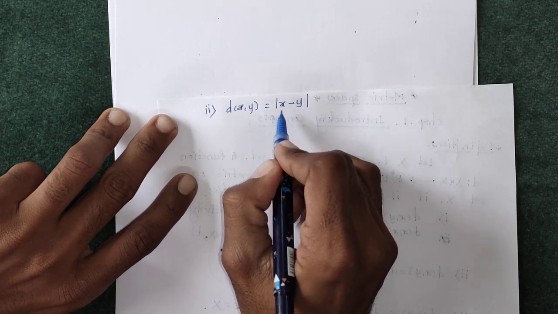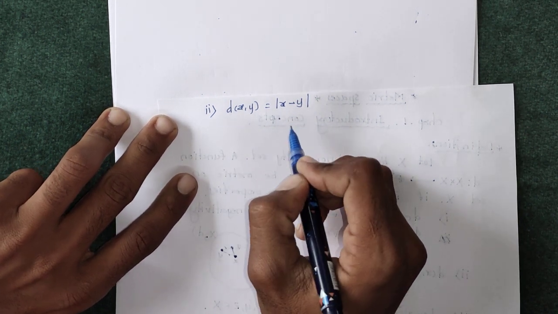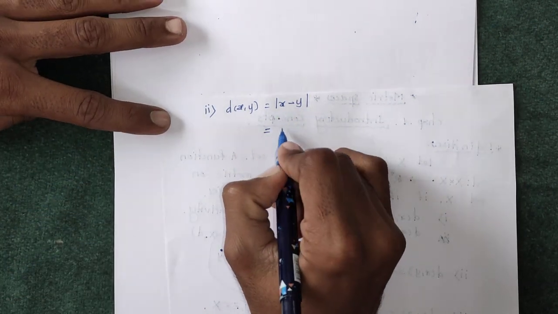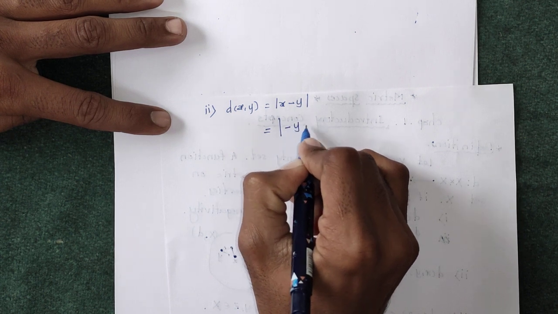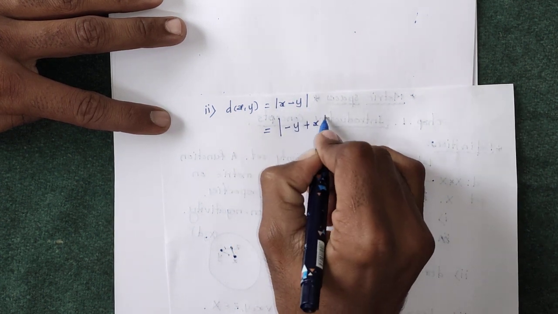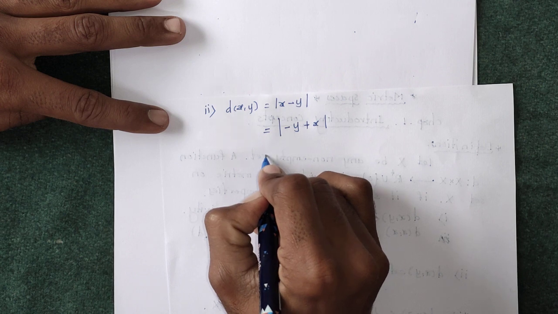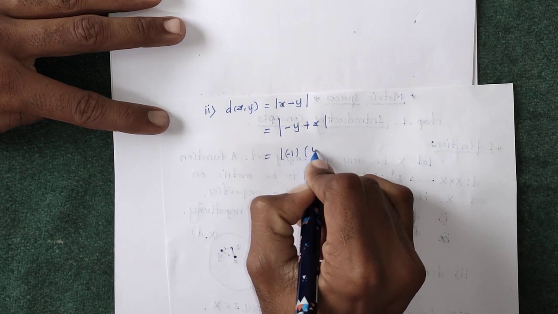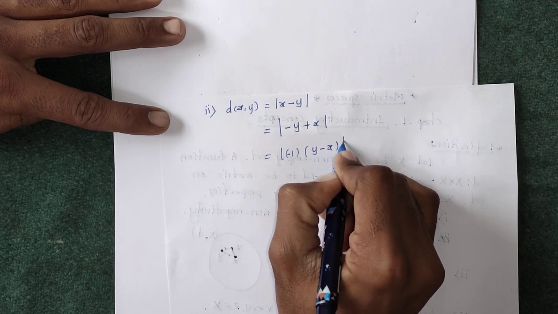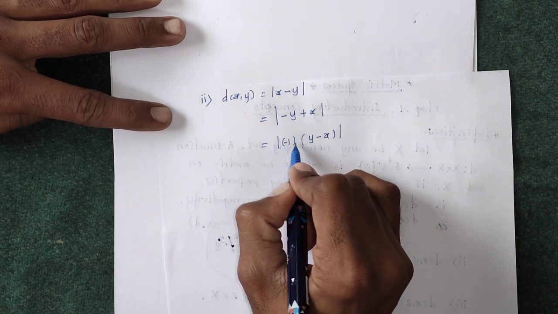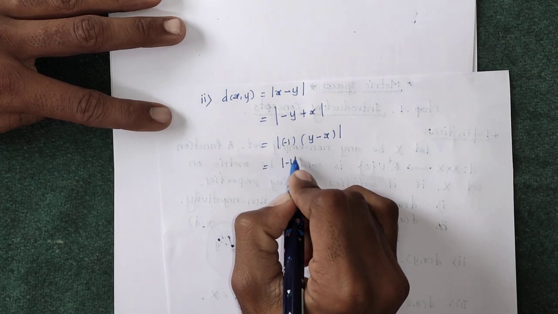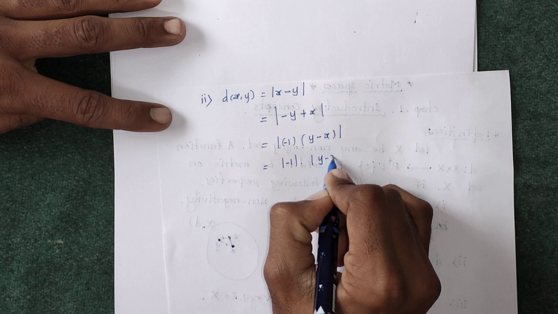So we have distance of y, x equal to mod y minus x. Now we can just rearrange this as minus y plus x, just changing the positions of y and x. Now if we take the minus sign common, that is minus 1 from both sides, we will get y minus x, and we know that mod of a into b is equal to mod a into mod b, that is, mod of minus 1 into mod of y minus x.